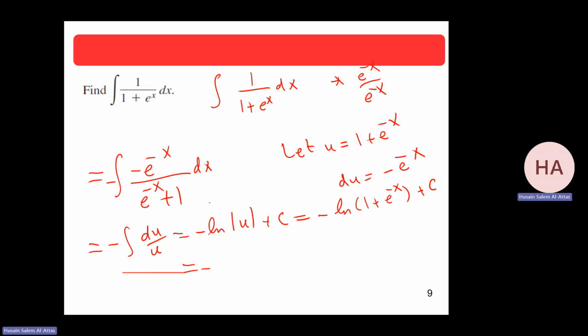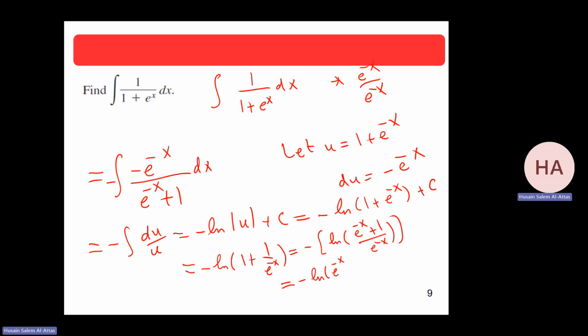Also, this one I can simplify as 1 plus 1 over e to the minus x. That gives me minus ln of e to the minus x plus 1 over e to the minus x. Oh, sorry, this is e to the power x.